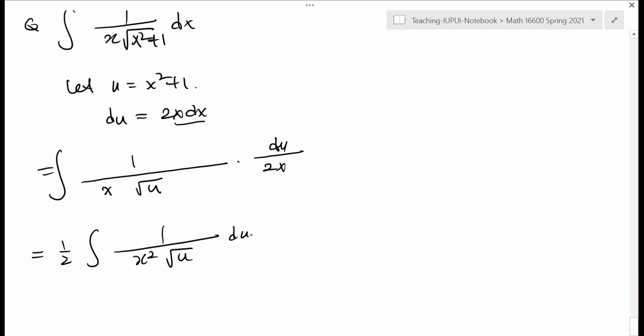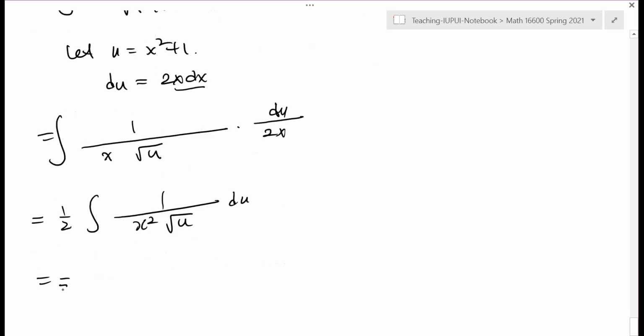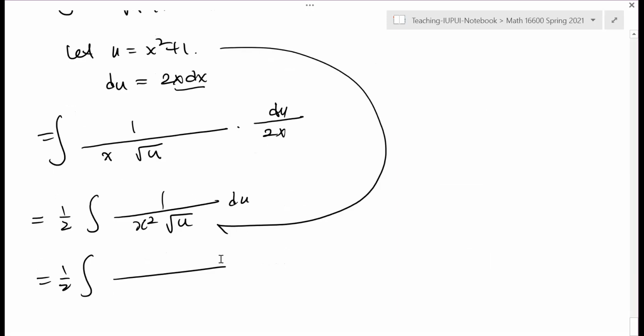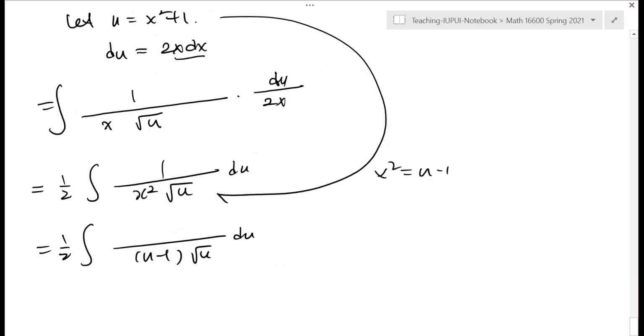It's not too bad, because then I can replace x squared by u minus 1, so it's u minus 1 over square root of u du. Well, maybe it's not the best choice.